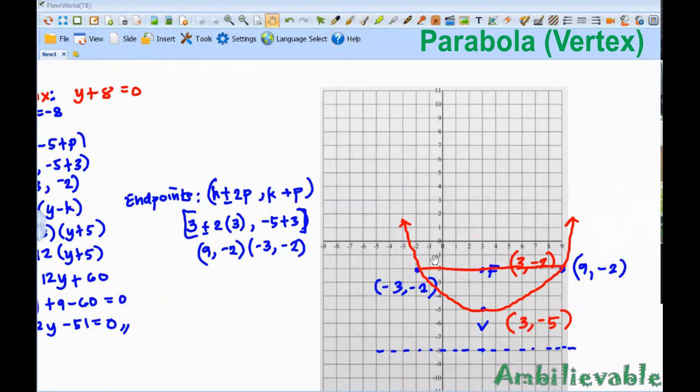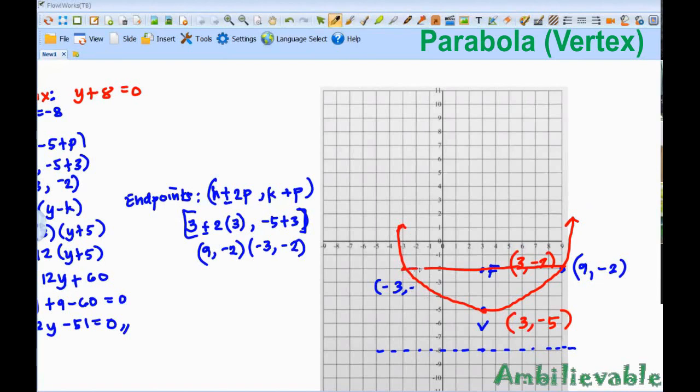1, 2, 3, 4, 5, 6. Why is this only 5? It should be (3, -2). Again, sorry, (3, -2) should be 6. (3, -2) is over here, right?